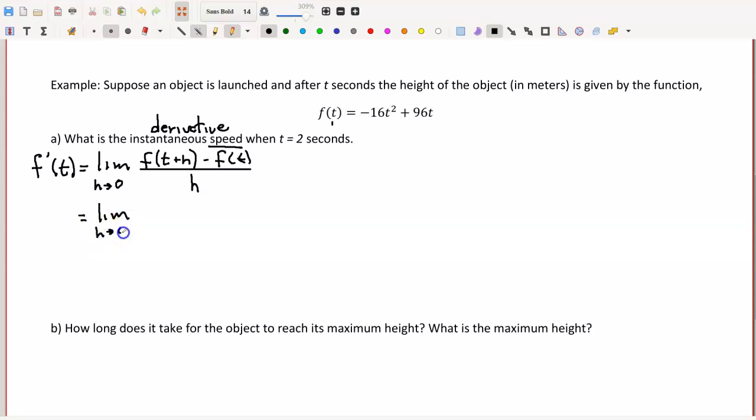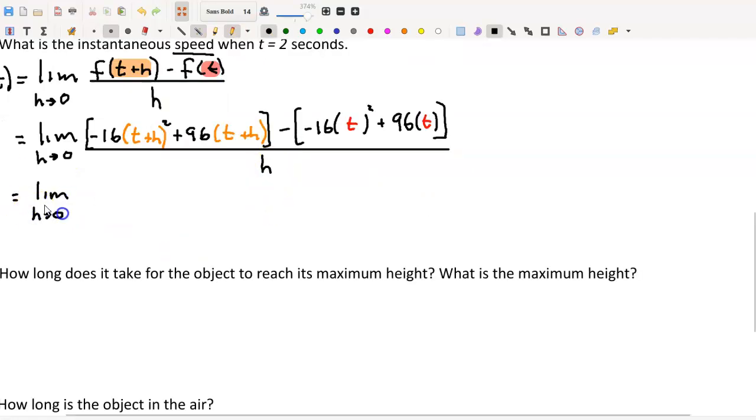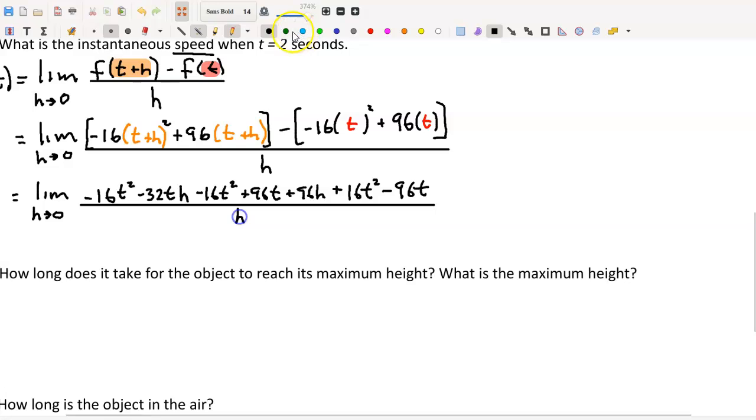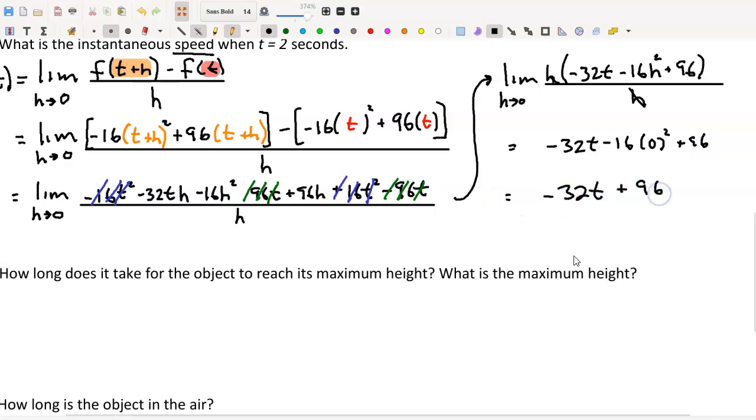Something we want to be very comfortable with. So, you should get negative 32t plus 96.